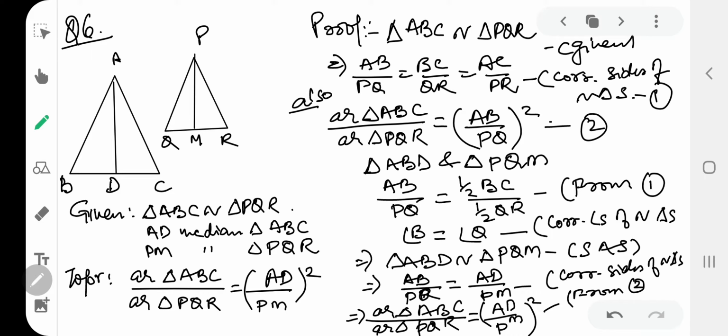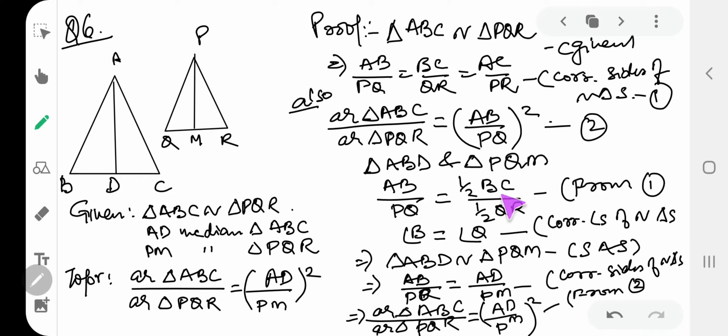Now, as triangle ABC is given similar to triangle PQR, we can say that AB upon PQ is equal to BC upon QR. Now multiply and divide both by half.